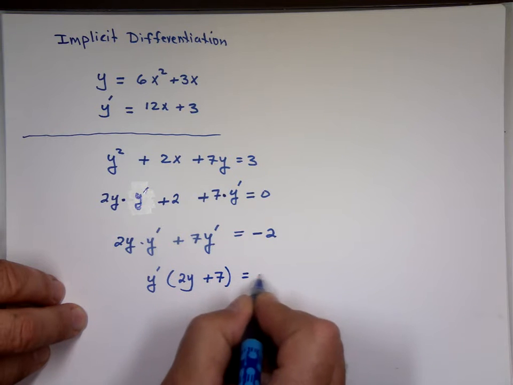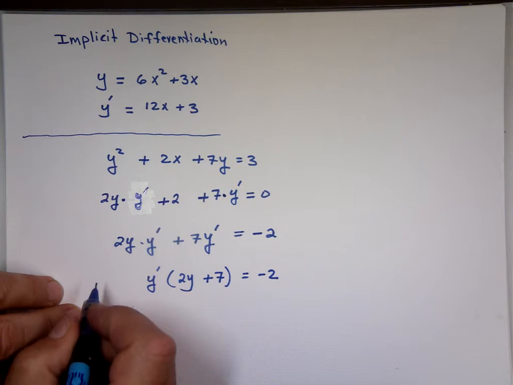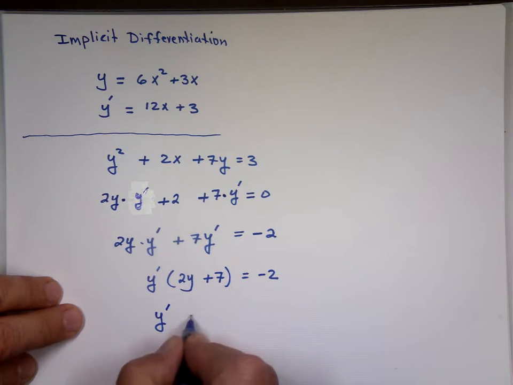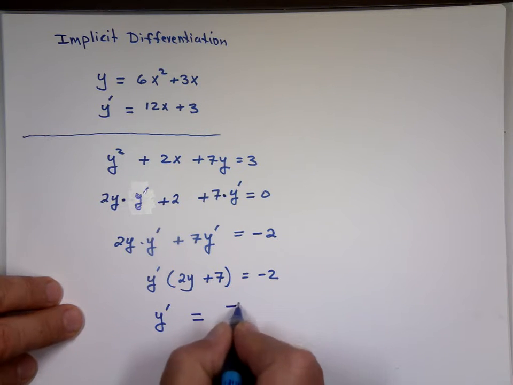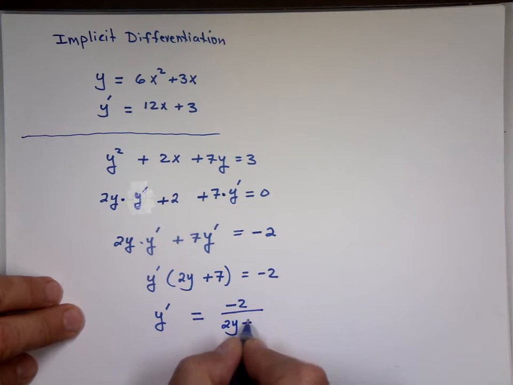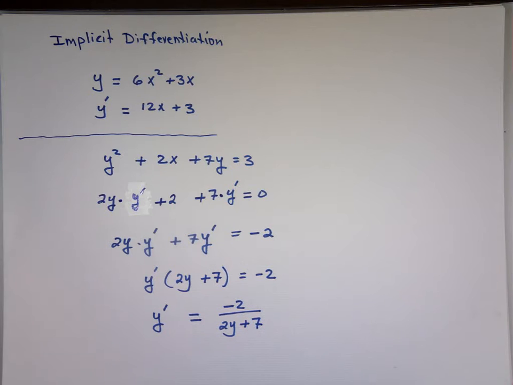Is that your answer? Not yet. One more step to get the answer, because you're looking for the derivative. y sub prime is equal to what? Negative 2 over what? Oh, that's right. 2y plus 7. Because we're looking for the derivative. What is y sub prime? Or what is dy dx?